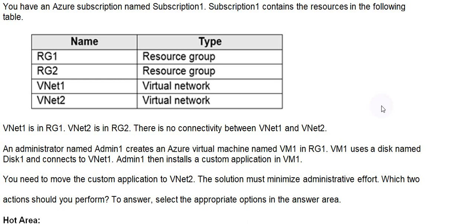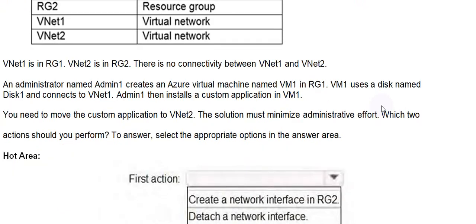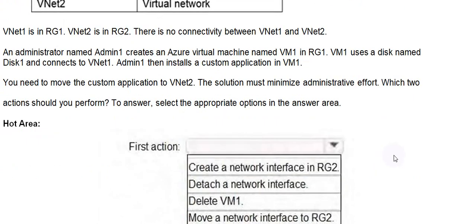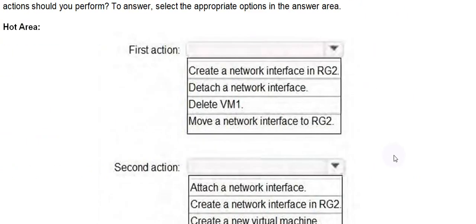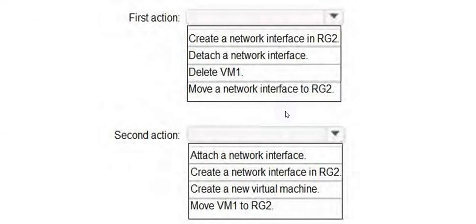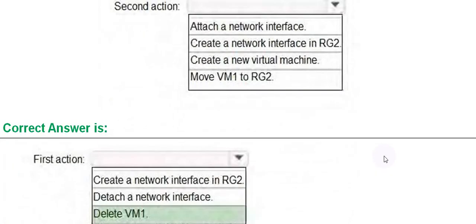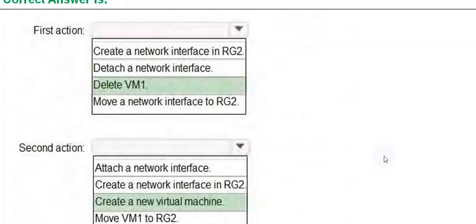The solution must minimize the administrative effort. Which two actions should you perform? For answer, select the appropriate option. This is the table for first action and this is the table for the second action. Now this is the correct answer, the ones highlighted in green.